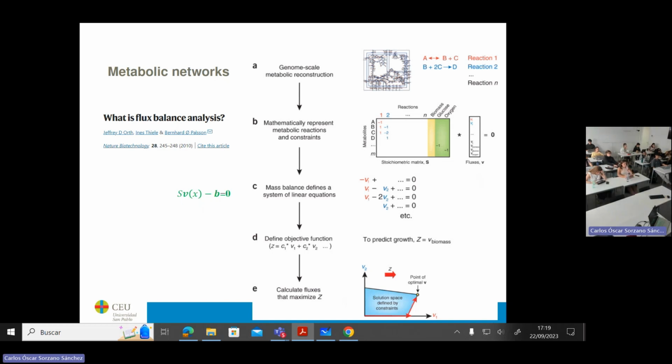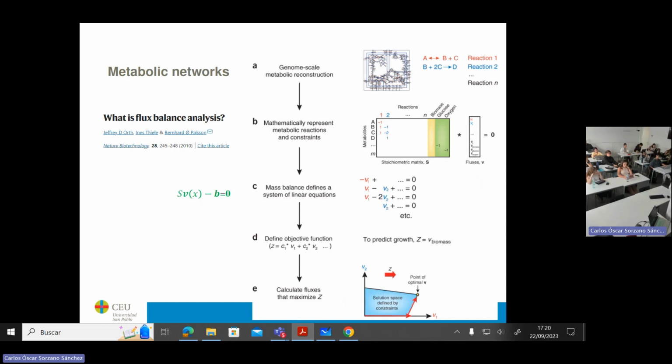You need the network, who is related with whom, which are the chemical reactions. Then you write the chemical reactions and come up with this stoichiometric matrix S, and the fluxes that are the velocities. And then this is a linear equation system.